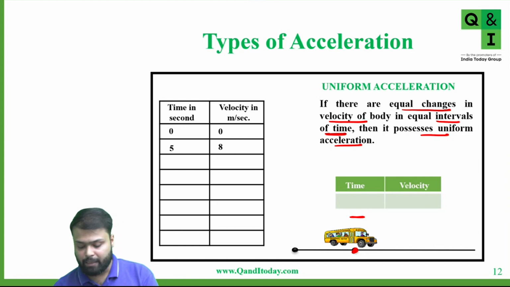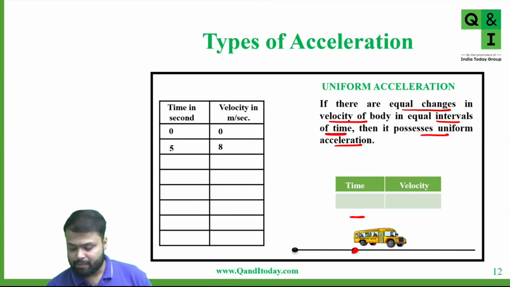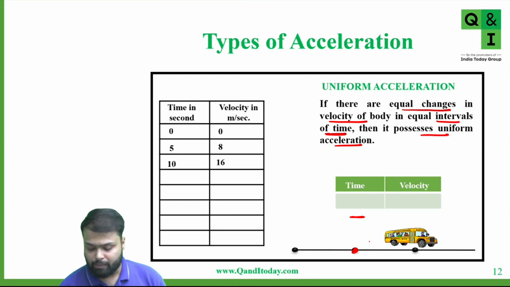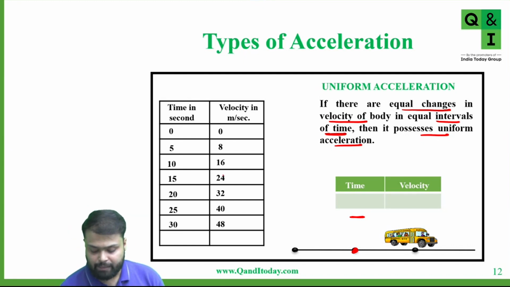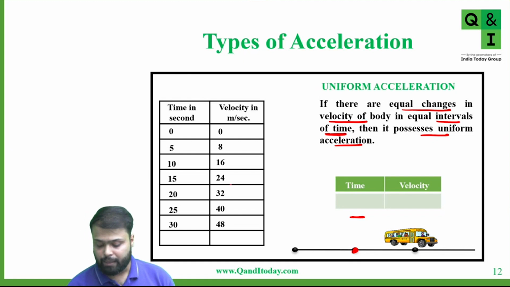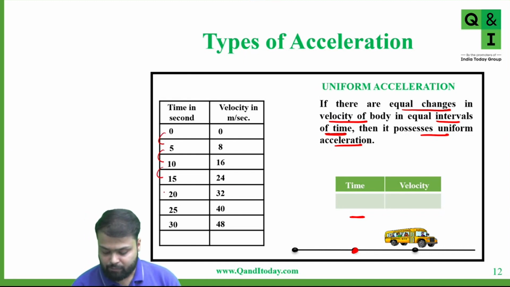We make a table here, to study the velocity of the bus at different time intervals. Again after 5 seconds velocity becomes 16 meter per second. Similarly, after 15 seconds velocity is 24, after 20 seconds velocity is 32. Here you can see that the difference in time everywhere is the same, that is 5 seconds.